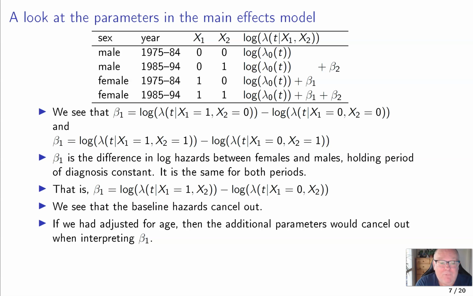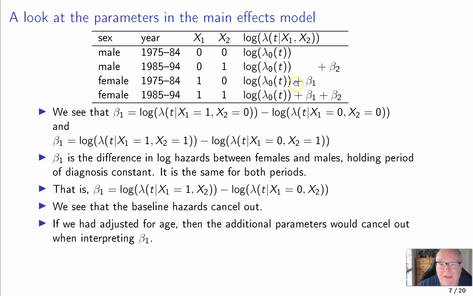Now, if we had also adjusted for age in 4 categories, then there would be 16 combinations of covariates, or 16 classes of patients, but we would see exactly the same in the main effects model.